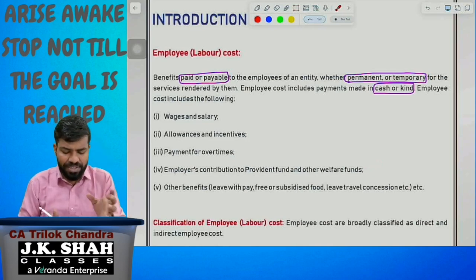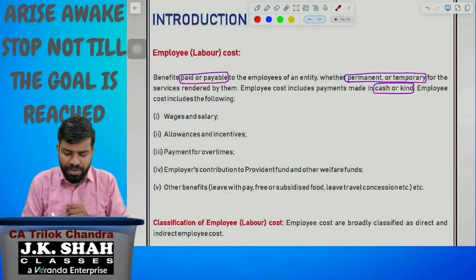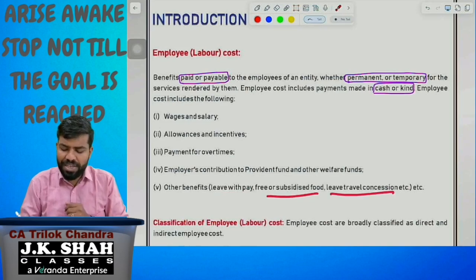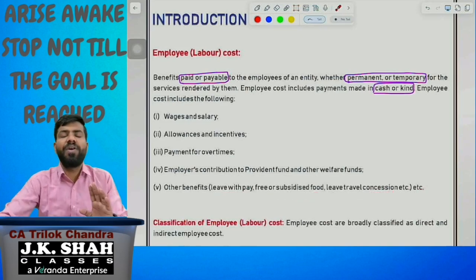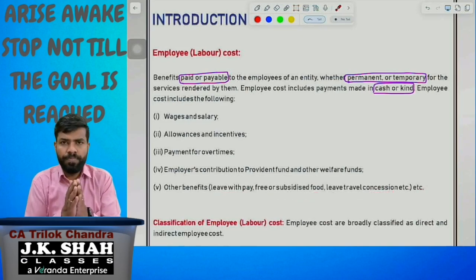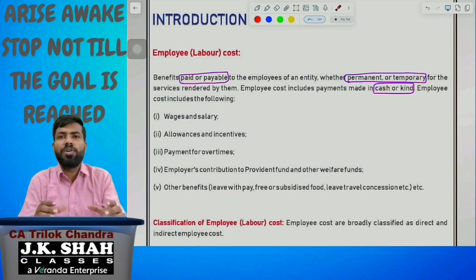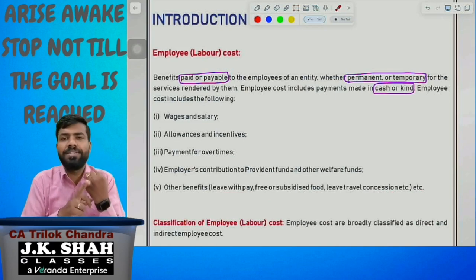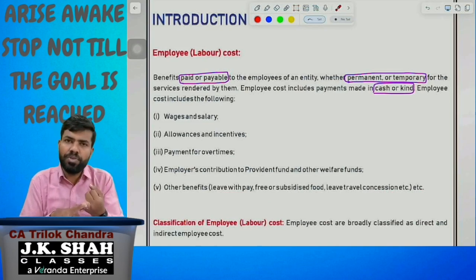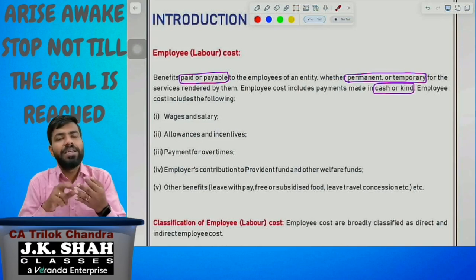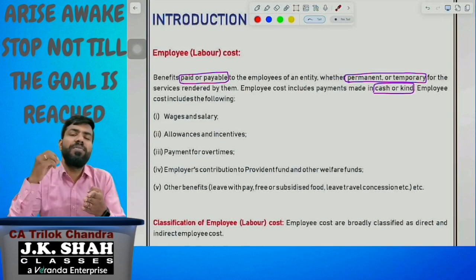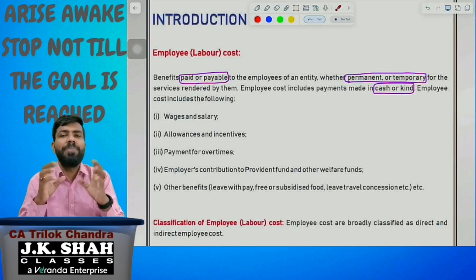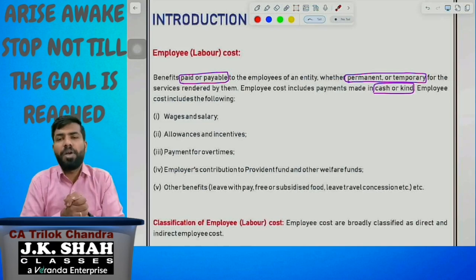Any other benefits in the form of leave with pay, subsidized food, leave travel concessions, etc. All these things form part of the employee cost.